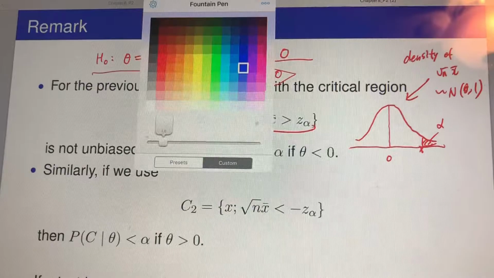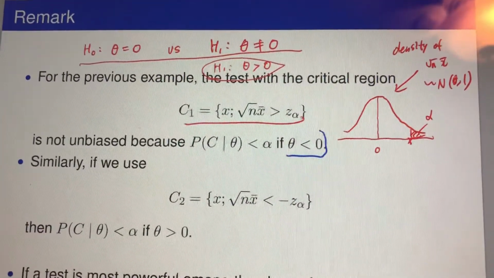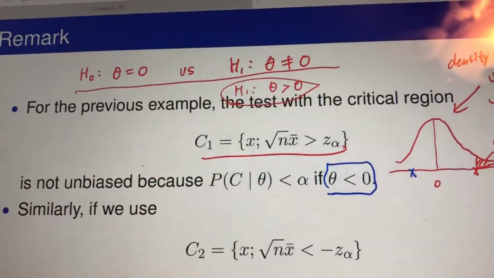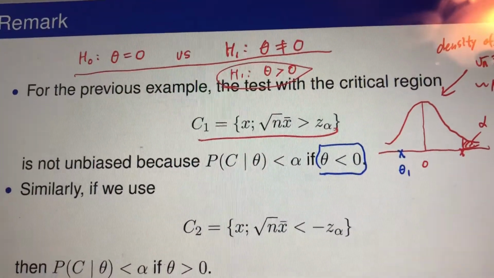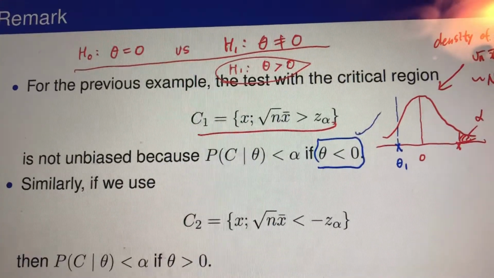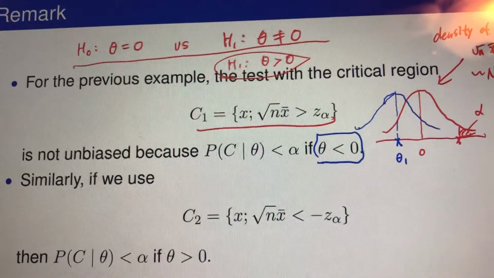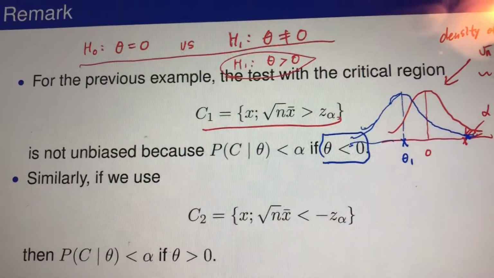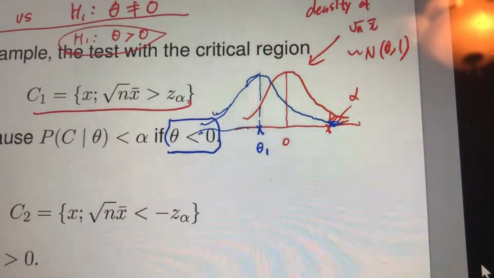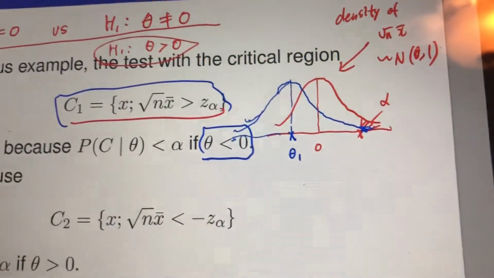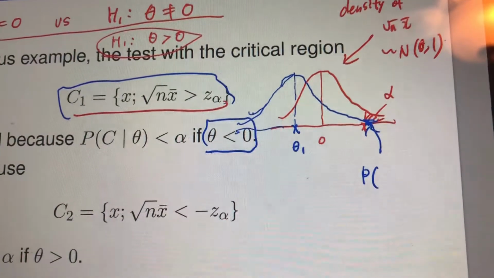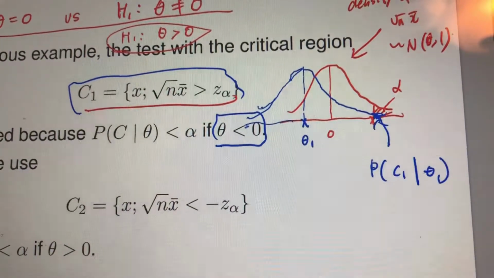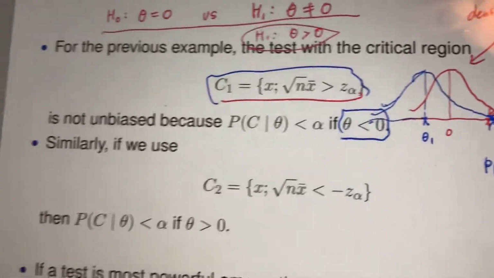It turns out that the answer is no. If the true theta 1 is here, then this area is the power, the probability of C1 at theta equal to theta 1, and this power is less than alpha.